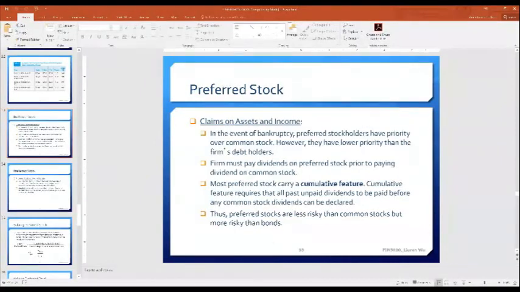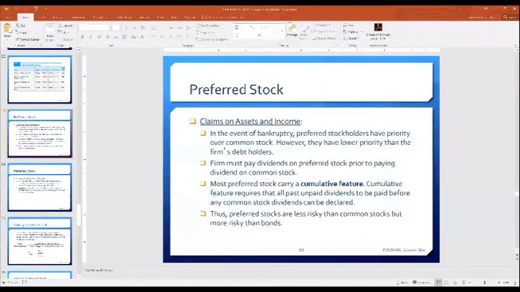So for the preferred stock, claims on assets and income: in the event of bankruptcy, preferred stockholders have priority over common stock. Let's go back to the common stockholder. They are the ones who have the right to vote, who will be the new set of board of directors. Of course, it is being controlled by the management already, but still, you can choose who among the prospects will be the next board of directors.